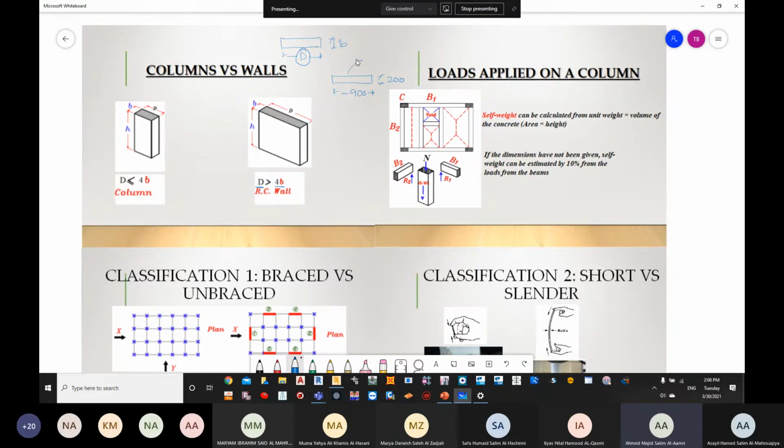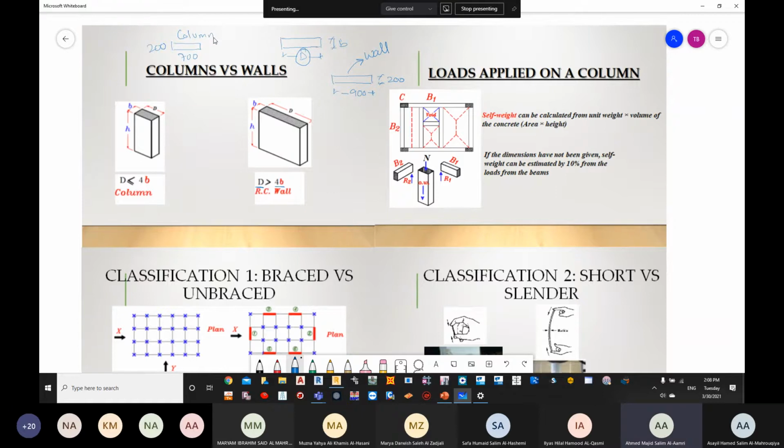So this is considered as a wall. Now if we have case number 2, where we are talking about, for example, 200 into 700. My shorter dimension is 200. Anything less than or equal to 4 times is going to be considered as a column.